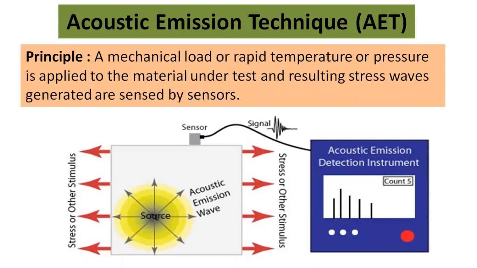So the stress waves show discontinuities in the material, flaws or irregularities which are present inside the material. Clear? As the sensor, we can use a piezoelectric sensor for the detection of stress waves or elastic waves.